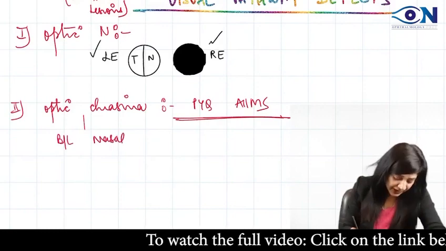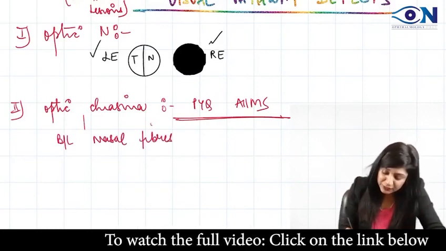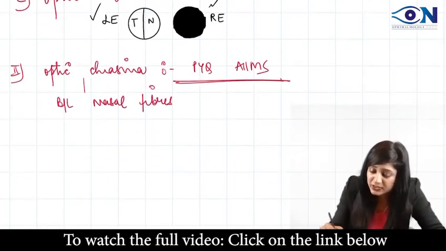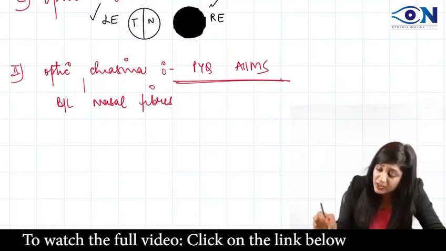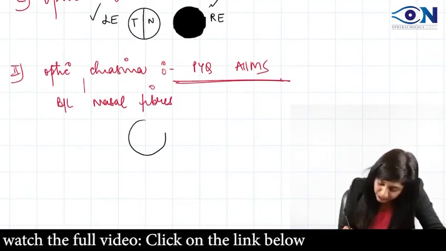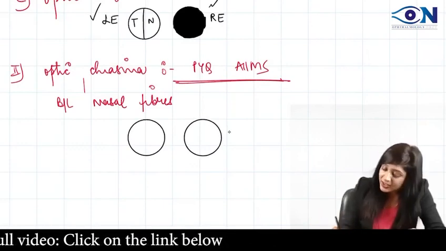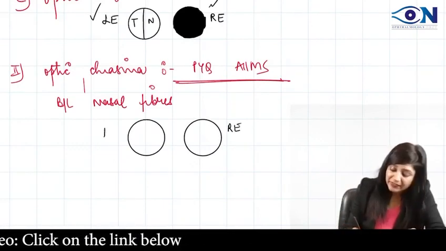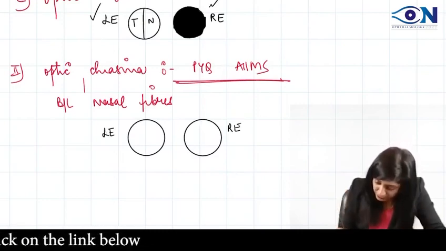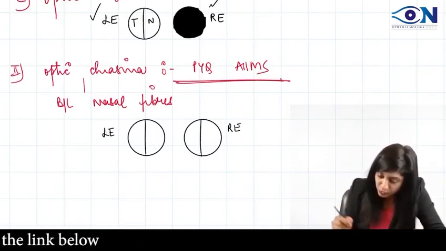Bilateral nasal fibers. If nasal fibers of both sides are affected, what is going to be affected? It is the temporal field of both the eyes. Therefore, temporal field of this eye and temporal field of this eye. This will remain the right eye only and this will remain the left eye, so you are going to divide this into 2 halves.